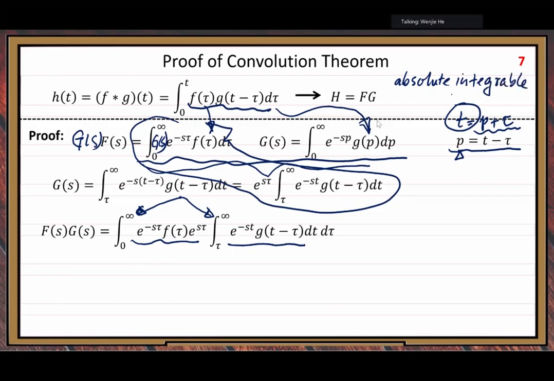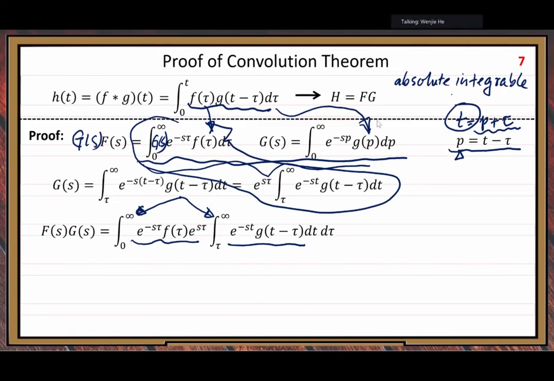If you take the absolute value, it is still integrable. Here we use that the Laplace transform exists, so there is an inequality. So the absolute value of the product of all these functions is integrable for this double integral, then we can exchange the order of the integrals. Here we can do it.